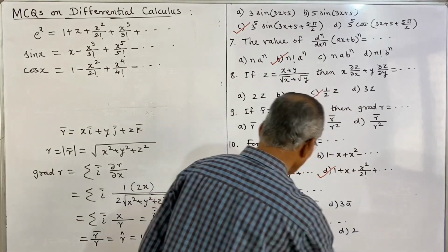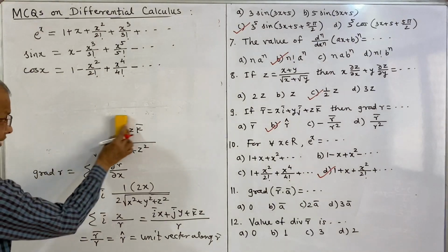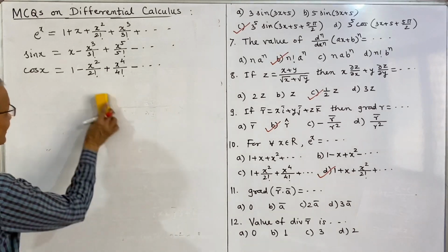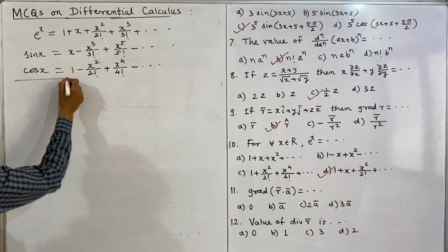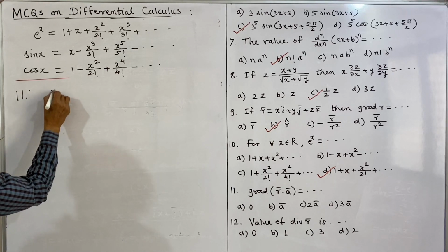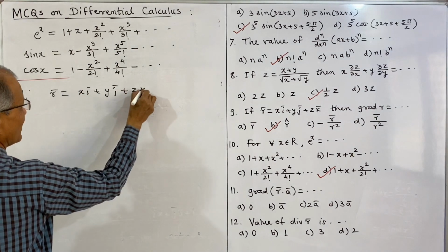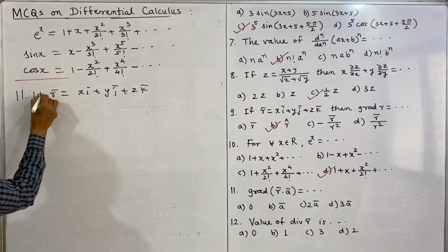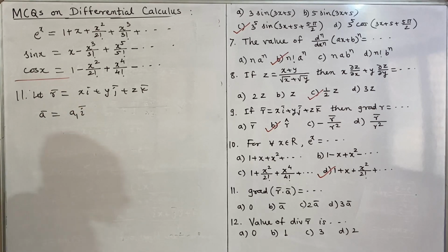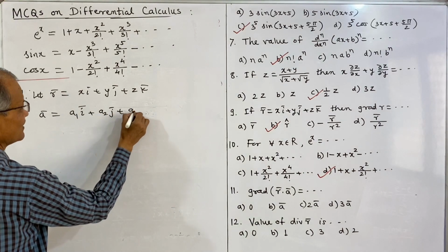Next is the gradient of r bar dot a bar. Here again we have to select the vector r bar as earlier, that is, let r bar be equal to xi plus yj plus zk, and a bar having components a1, a2, a3, that is a1i plus a2j plus a3k.